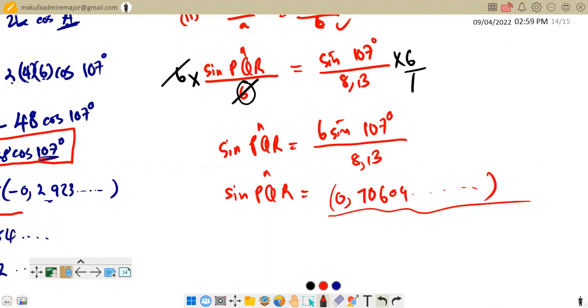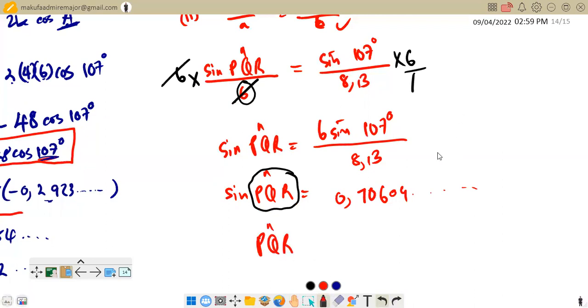And from that part now, what you need is to find PQR, which is the angle, this angle here. So how do you find this angle now? It's just like what you got, guys. Remember, I told you that if you're given maybe sine theta is equal to 0,5, for you to find this theta, you write on the other side as arc sine 0,5. So it's the same concept.